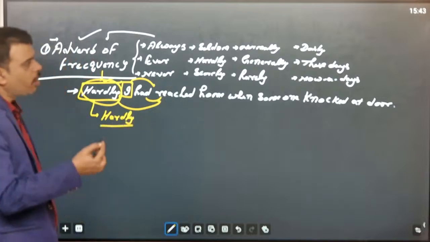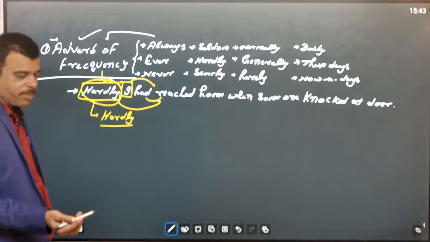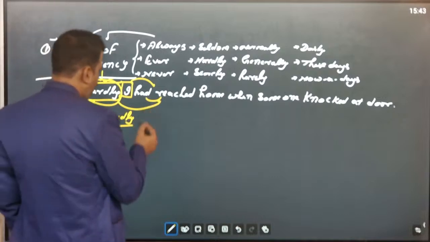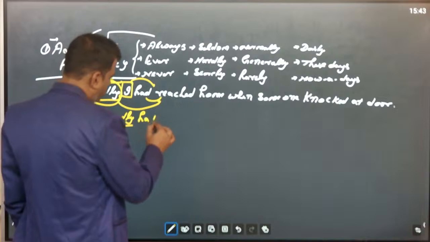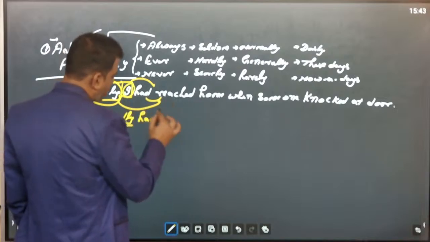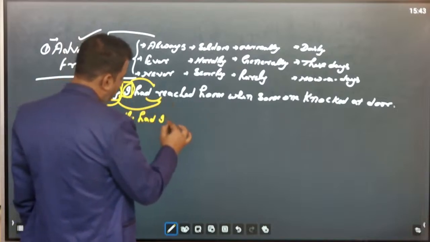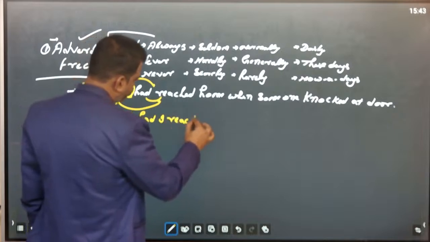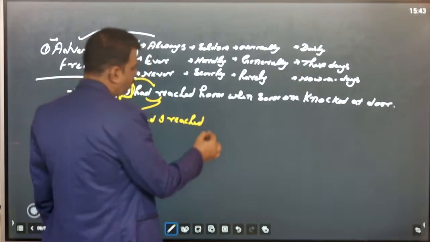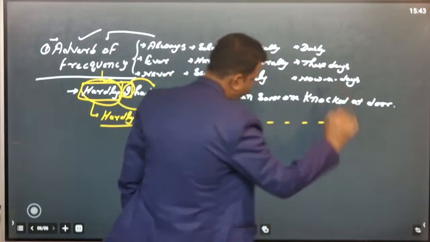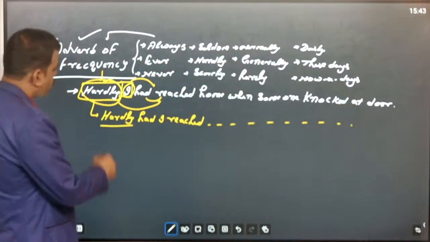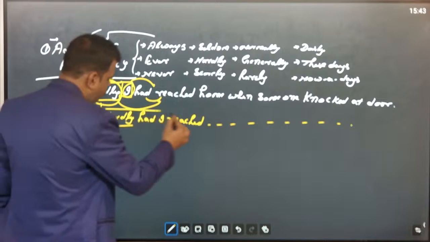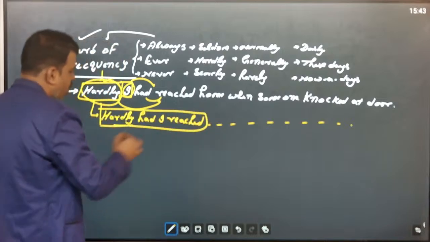It will be the part of the acting subject, not the main subject. And now we have the helping verb had. I will play the main subject. Hardly had I reached. So this is the correct statement.